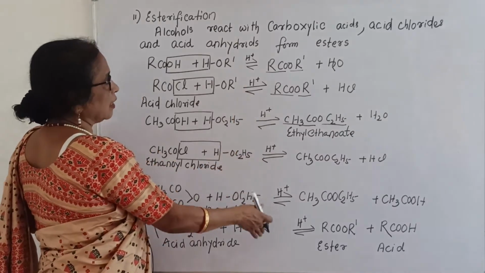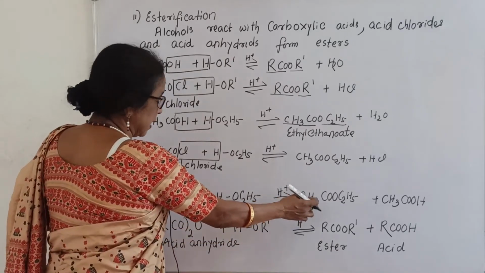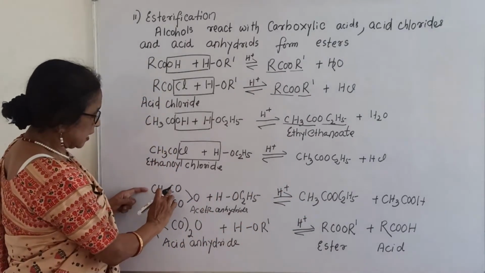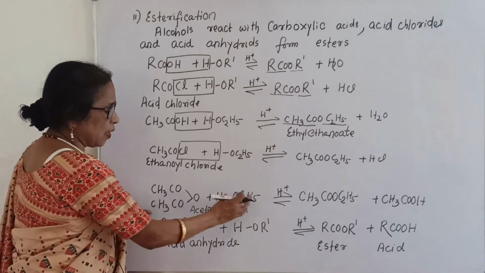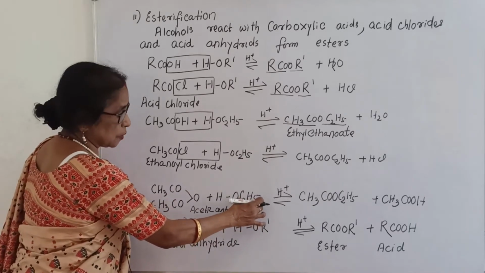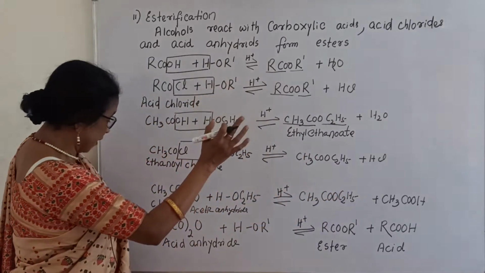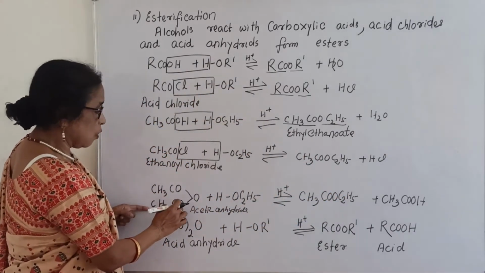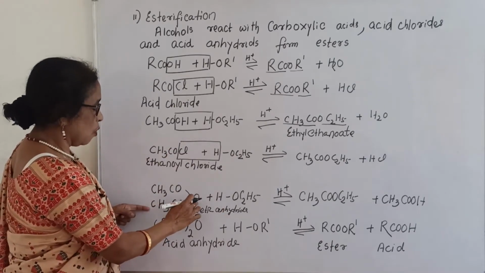Now take CH3CO. What is the next part? This is OC2H5, so CH3COOC2H5. What is remaining? CH3COOH.